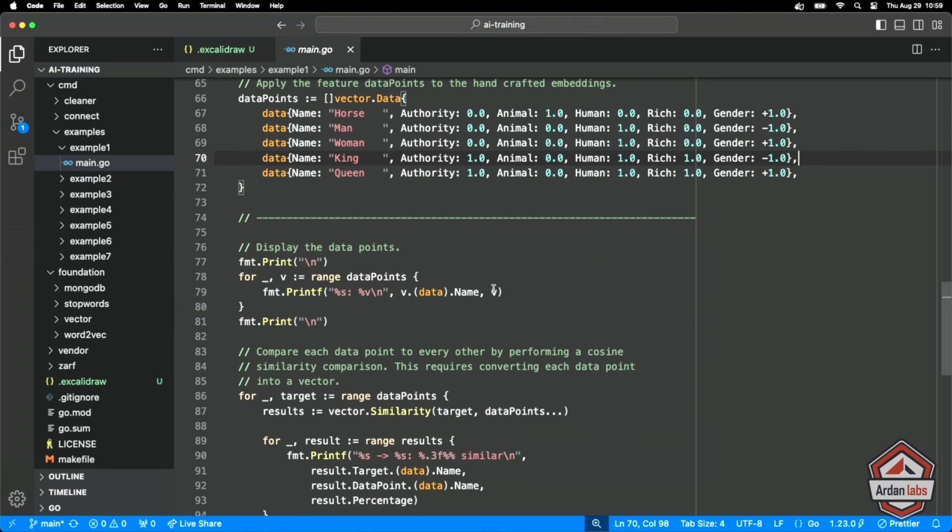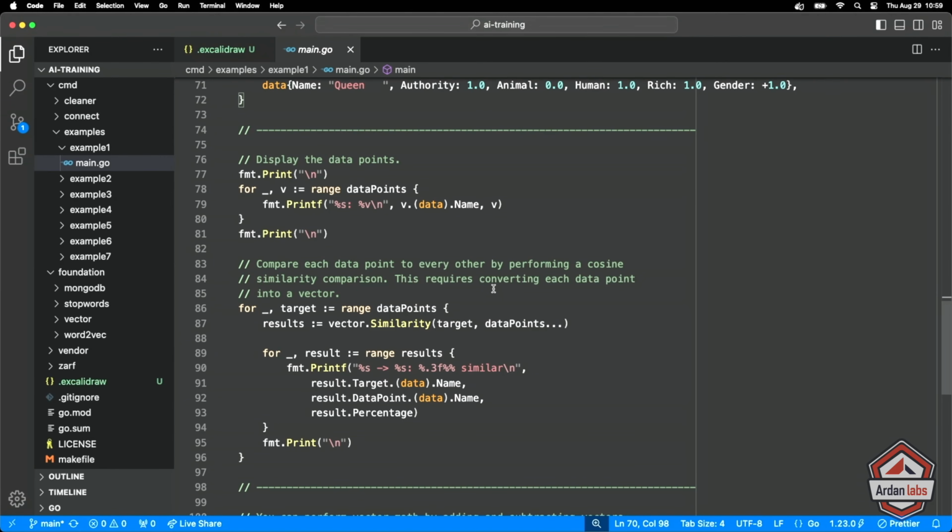And this is where the idea of something like cosine similarity comes in. There's different types of algorithms that we can use to take a set of data points and look to see how similar they are. The most common one that I've seen is the cosine.